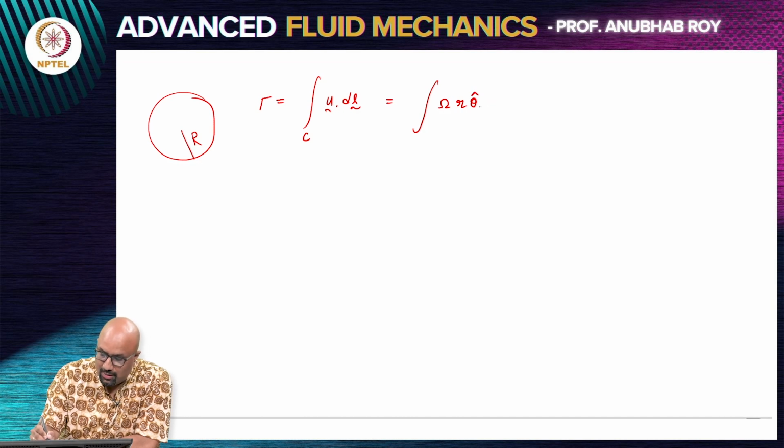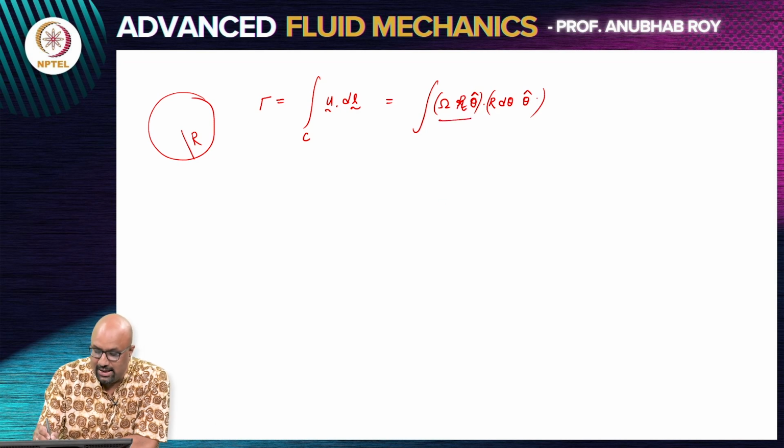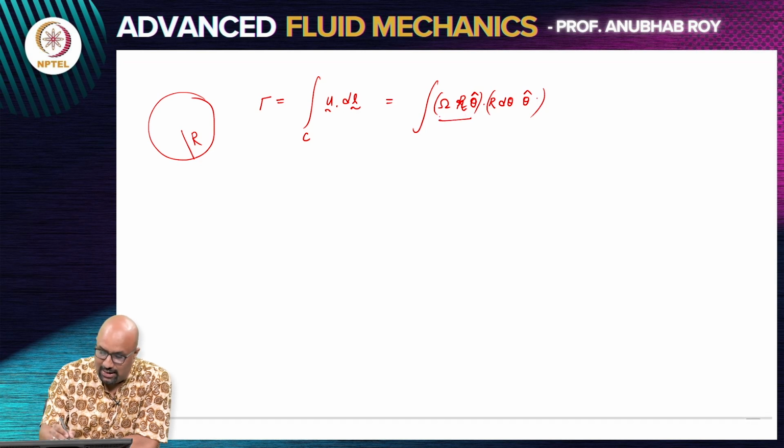On this circuit, it is going to be r d theta, theta cap. And here r is evaluated at the radius of the circle, so it remains the same. So, the velocity at radius r is omega capital R theta cap.